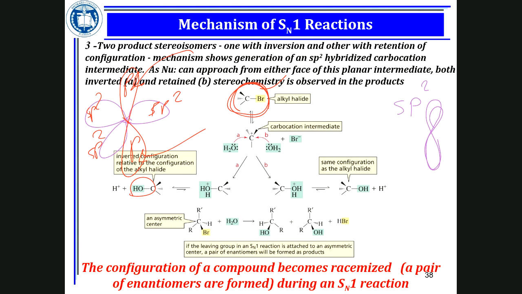If it's achiral, there is no R and S question for the product. But if your reactant is R, for example, because we don't know these groups, so we can't say R or S, then you end up with an R product and an S product. One product with retention of stereochemistry, one product with inversion of stereochemistry. So you get a mixture of two products. You get a pair of enantiomers.